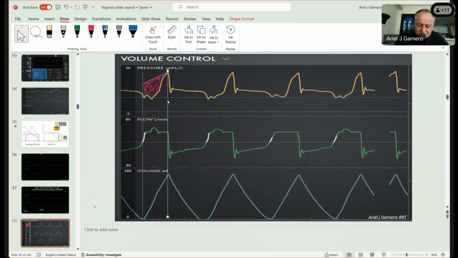If the goal is safety, this extra flow is giving a little extra flow for comfort, but the tidal volume is going to be a little bit higher. Some people can say, well, let's switch to pressure control. But when we liberate the flow by going to pressure control, we're also going to get maybe larger tidal volumes. So what would be the solution in this scenario?